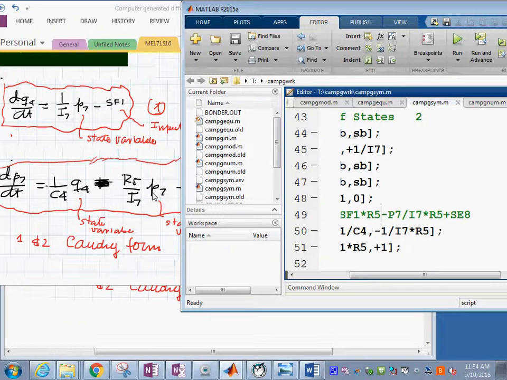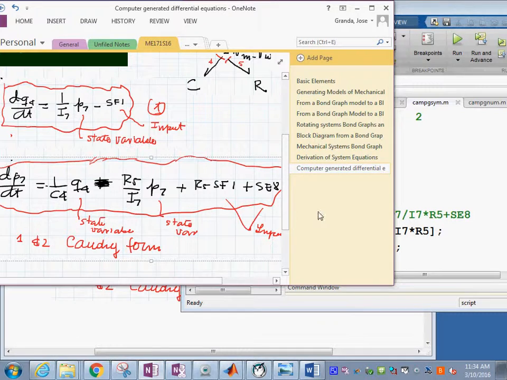CAMPG says, wait a minute, I am going to use these expressions to produce the so-called state space form that MATLAB is also designed for. So besides having massaged these equations into just two simple expressions, I am going to put them into matrix form.